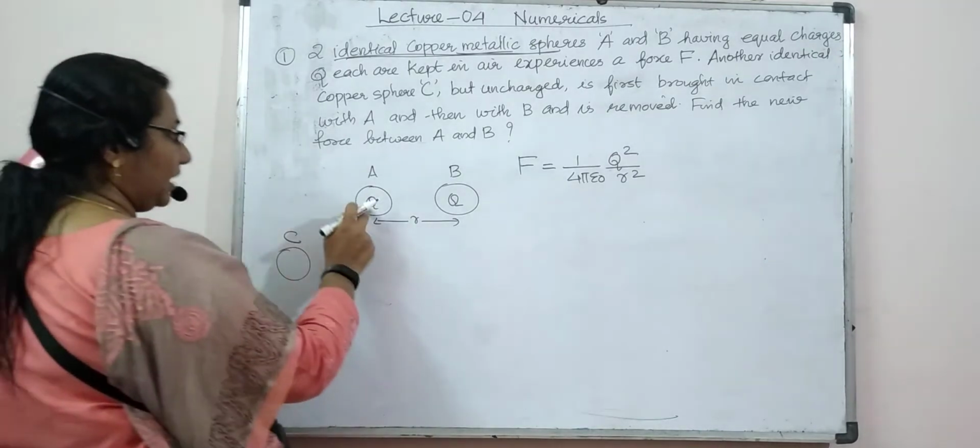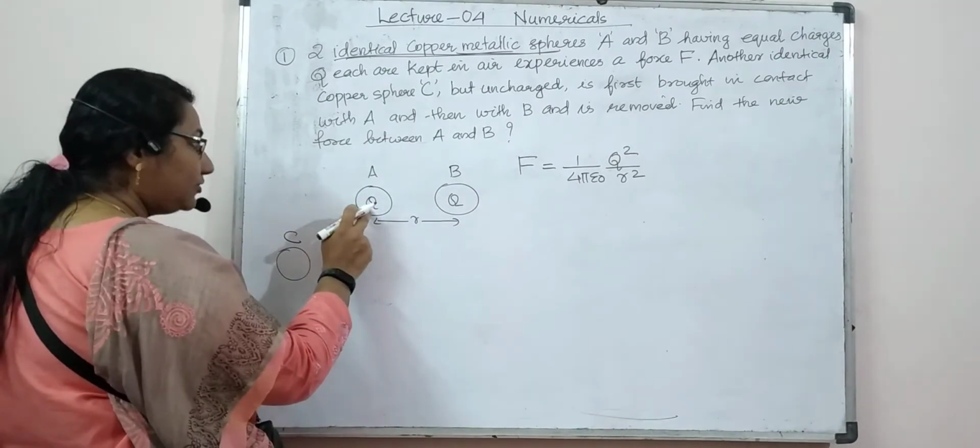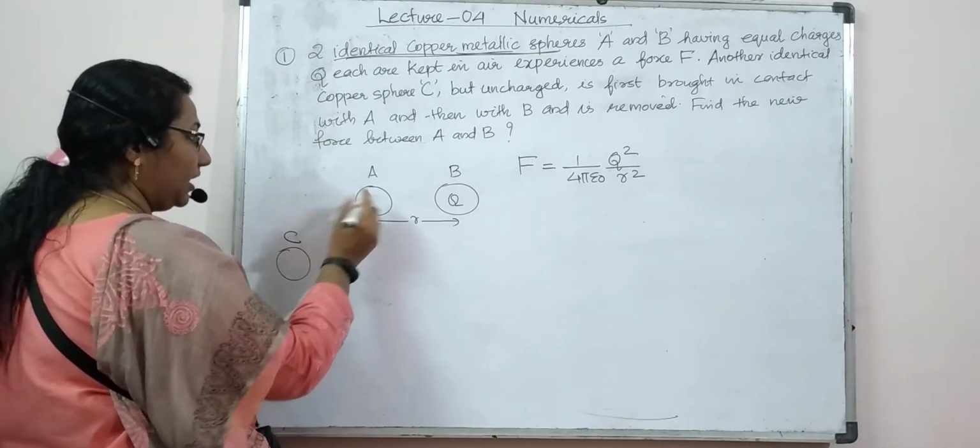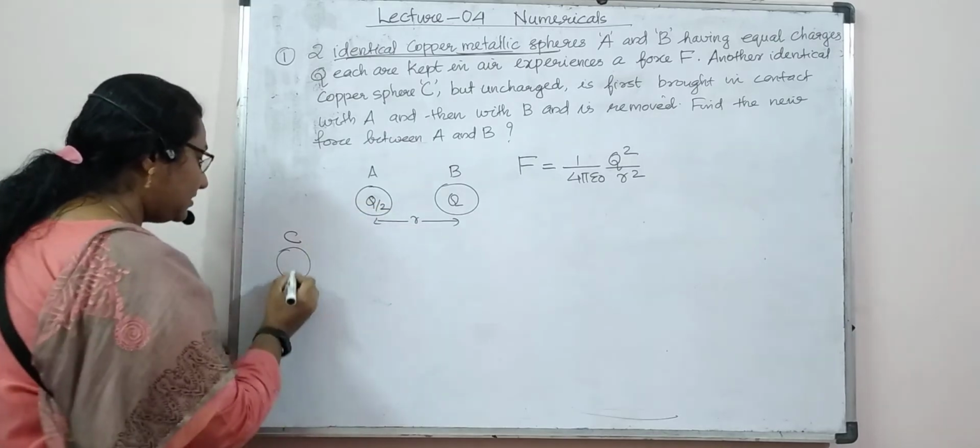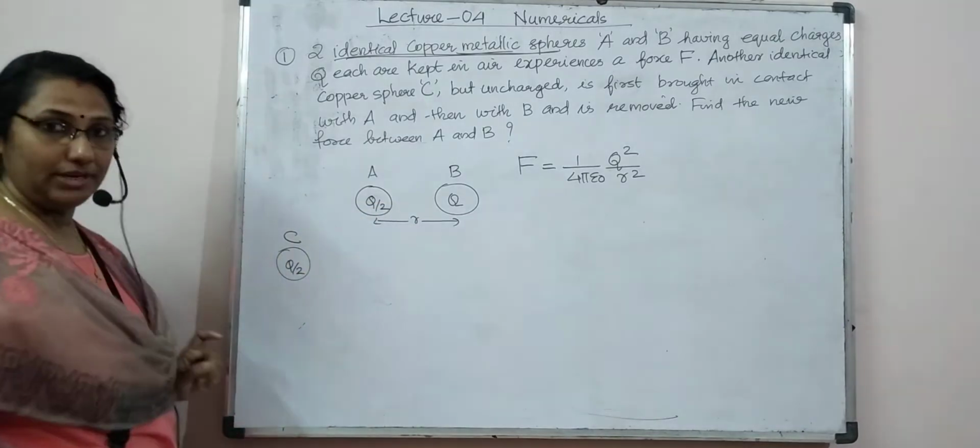So, when C is kept in contact with A, the charge on A becomes Q by 2 and C gains the remaining Q by 2.